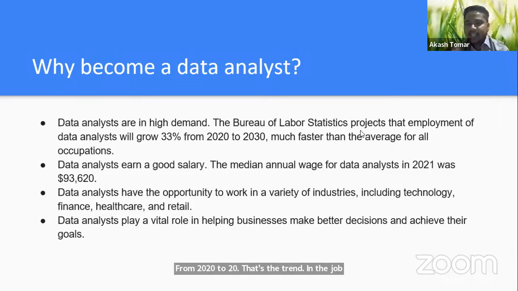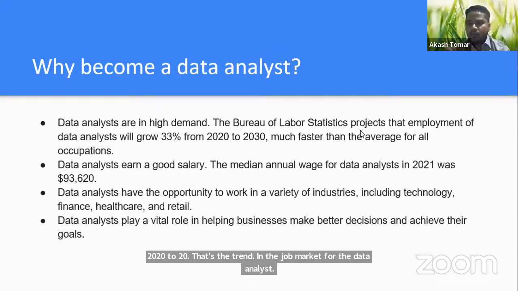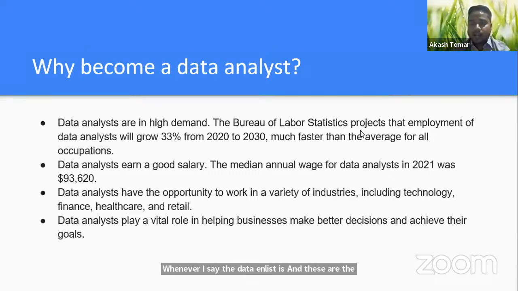Whenever I say data analyst, this is a combination of multiple roles. In the current market, the required key skill sets differ a little bit, up and down by one or two skills.